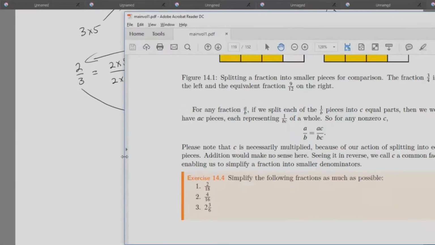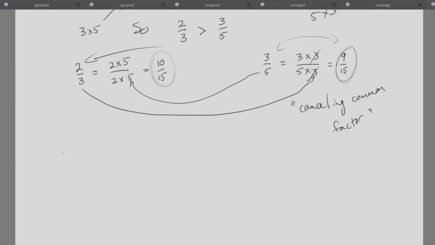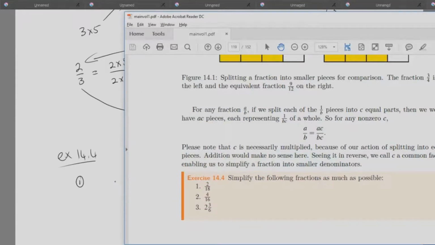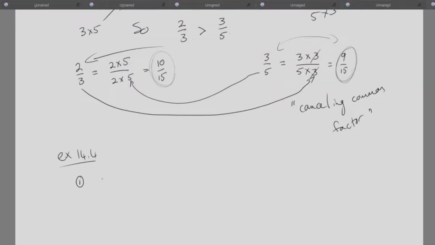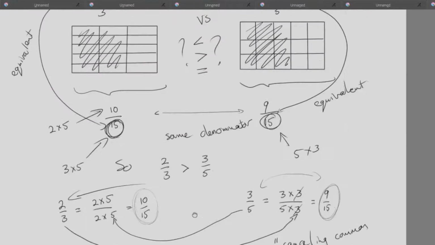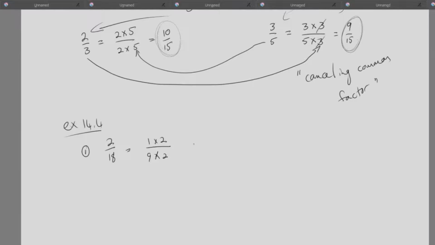So what's the exercise number 14.4? Exercise 14.4, number 1. What was it? 2 over 18. 2 over 18, I can write as 1 times 2 over 9 times 2. Working backwards with the same concept, whether I draw rectangles or not, I have an equivalent fraction of 1 over 9.